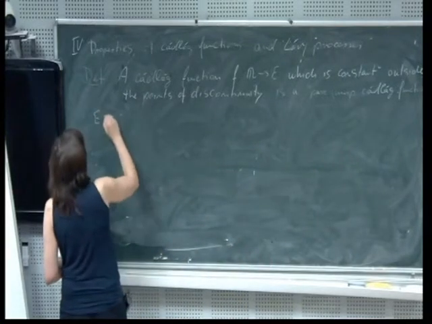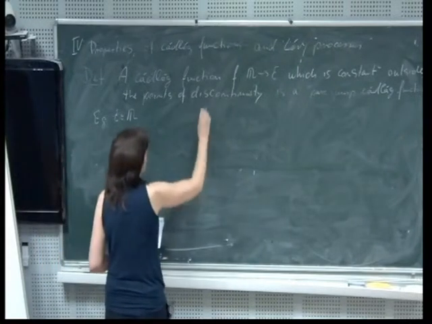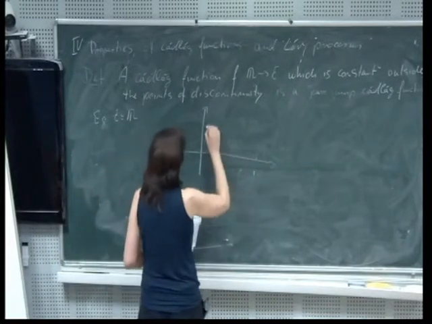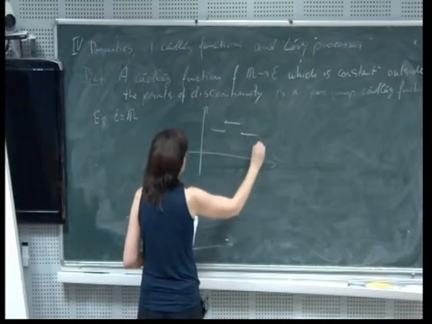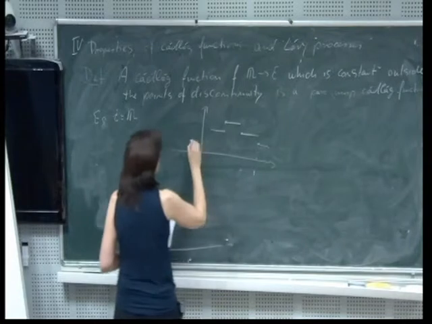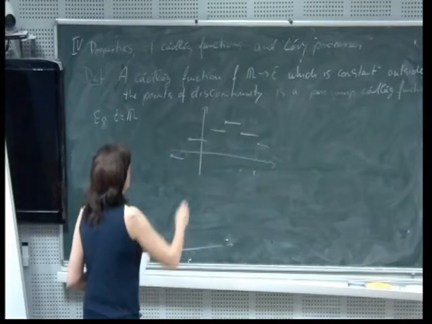So for example, if E is equal to R, the function will look like this. It is simply constant, then it has a discontinuity, then it's again constant, and so on. And it's always right continuous.